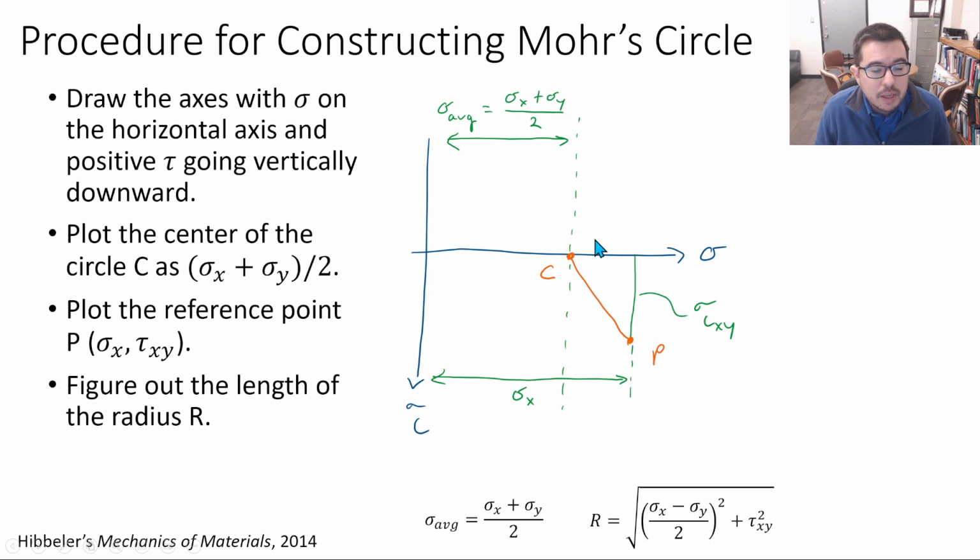And guess what? Sigma x minus sigma average is just this term, sigma x minus sigma y over 2.